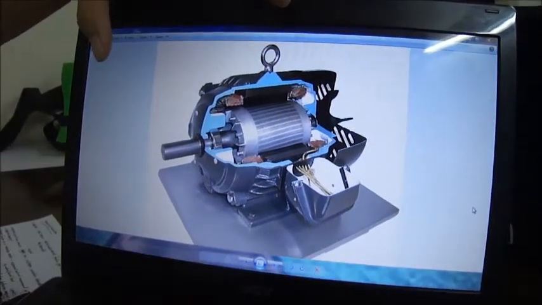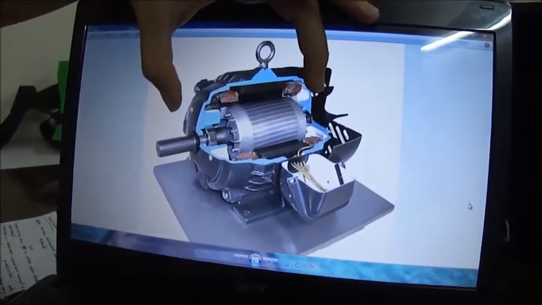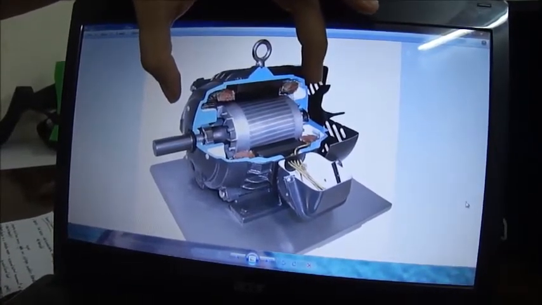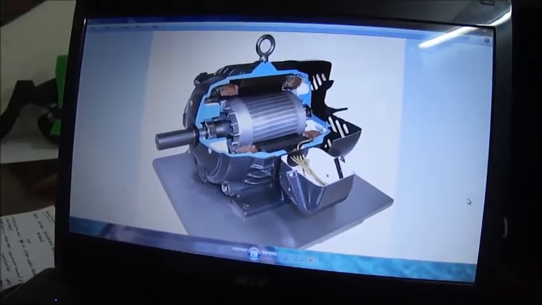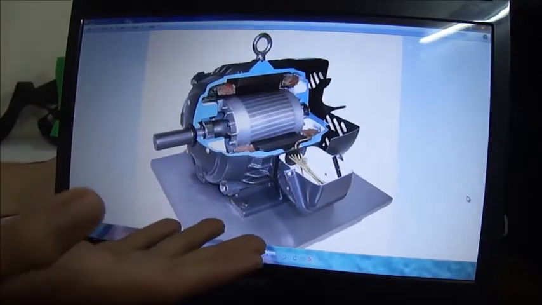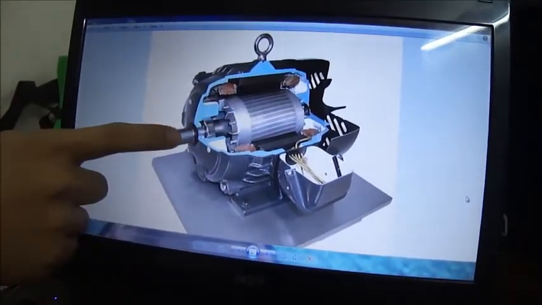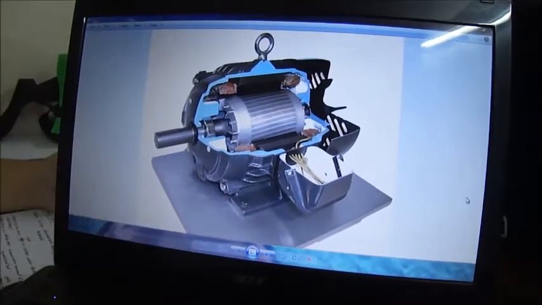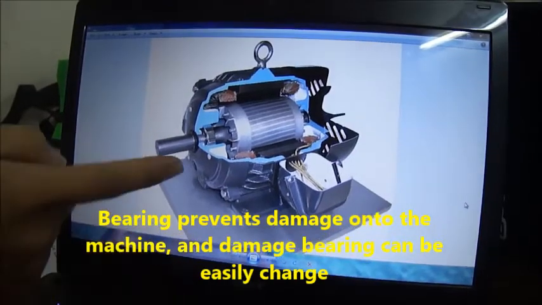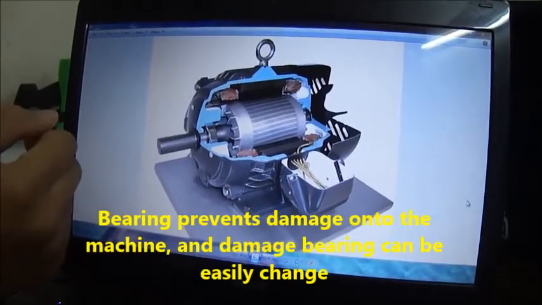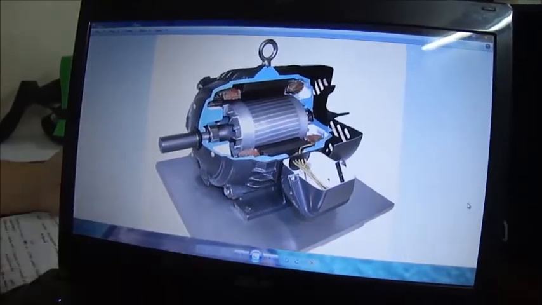The bearing prevents lateral movement of the rotor inside the motor by radial or axial motion. It also reduces friction between the moving parts and the static parts. Bearings also provide a replaceable wear surface, which means the bearing can be replaced if it's damaged.